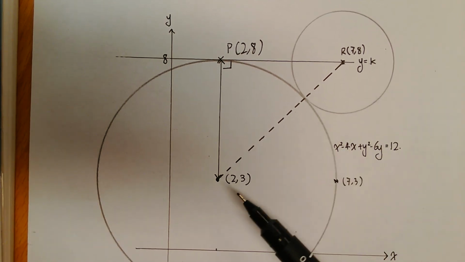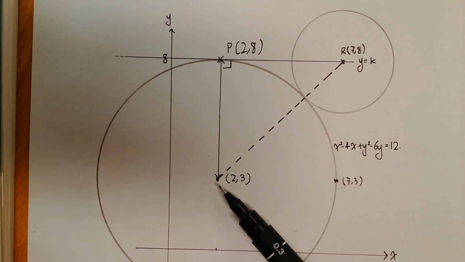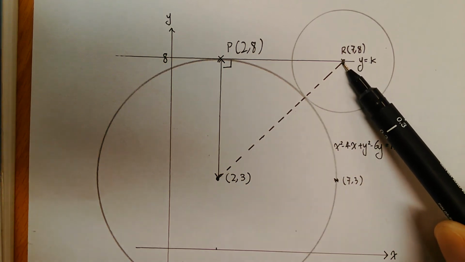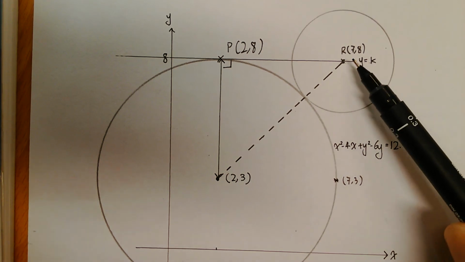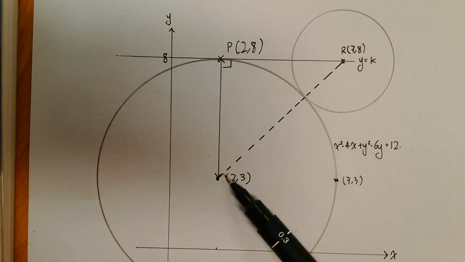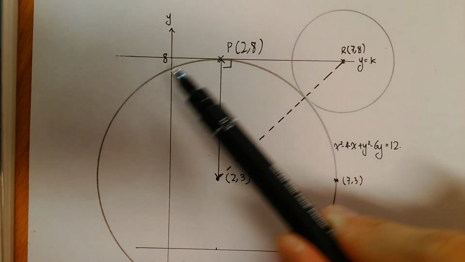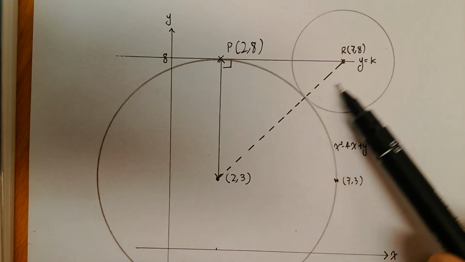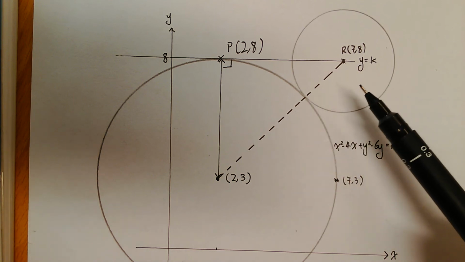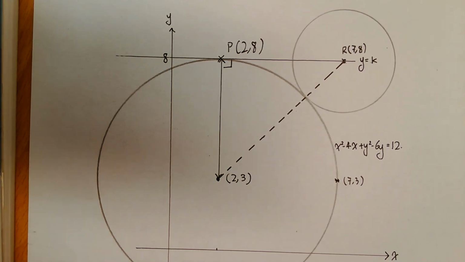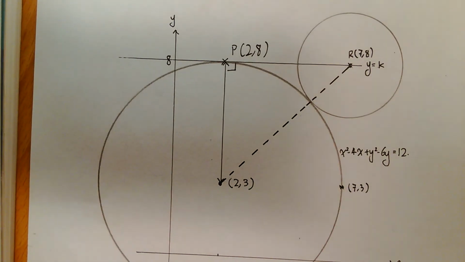What I do here is I will find the distance between the center of the old circle and the center of the new circle, which is R. Once I find this distance, I will minus away 5 units, because the radius of the old circle is 5 units. Then I'll get the radius of the new circle.